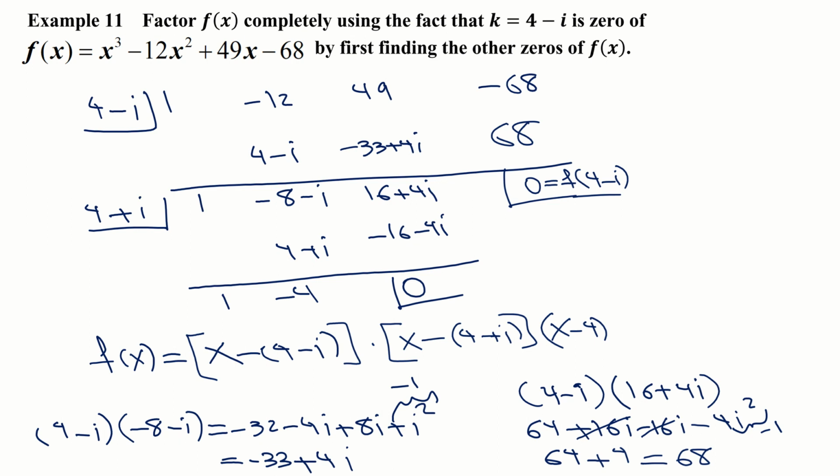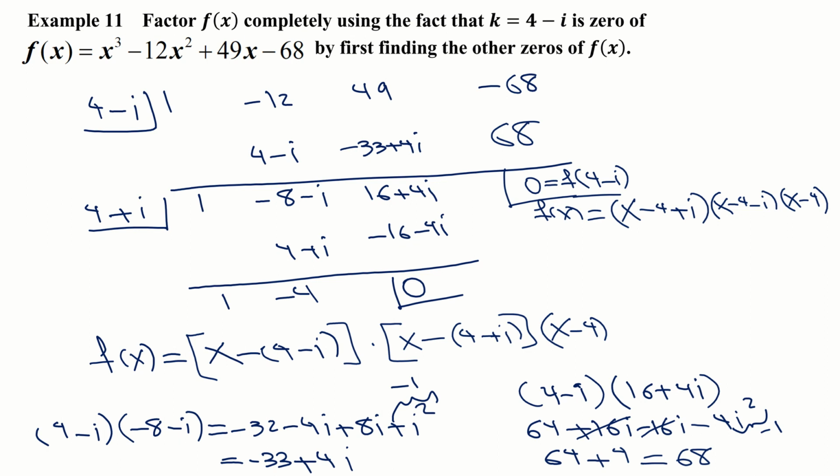So let's continue up here and just write the simplified form. So it's going to be quantity x minus 4 plus i times, I'm just multiplying the negatives in, x minus 4 minus i, and x minus 4, just like that, okay?